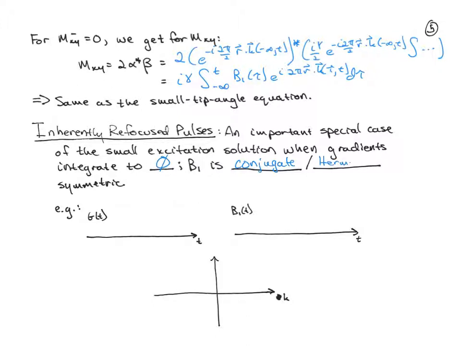So we have to have these two conditions: that the gradient waveforms integrate to 0, and B1 is conjugate or Hermitian symmetric. In that case, we have what's called an inherently refocused pulse, and this is an important special case of the small excitation solution. So for example, a 1D pulse that satisfies these requirements could have gradients that are balanced trapezoids.